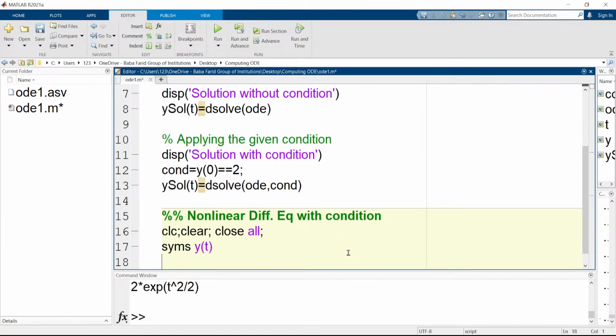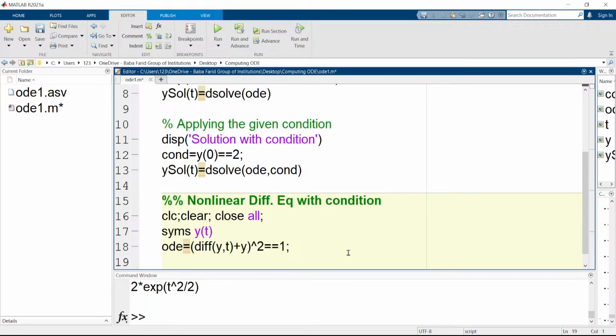Then enter, and first we store the differential equation ODE. We have diff(y, t), the first order derivative with respect to t, then plus y squared is equal to 1. Then we suppress this statement by using a semicolon.